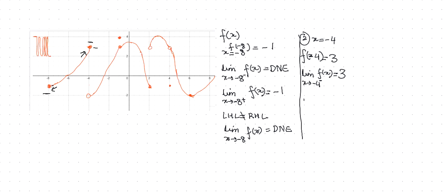And then the limit as x tends to -4 positive means the right-hand side of -4. On the right-hand side of -4, it is approaching a value of -2. So the right-hand limit is -2.